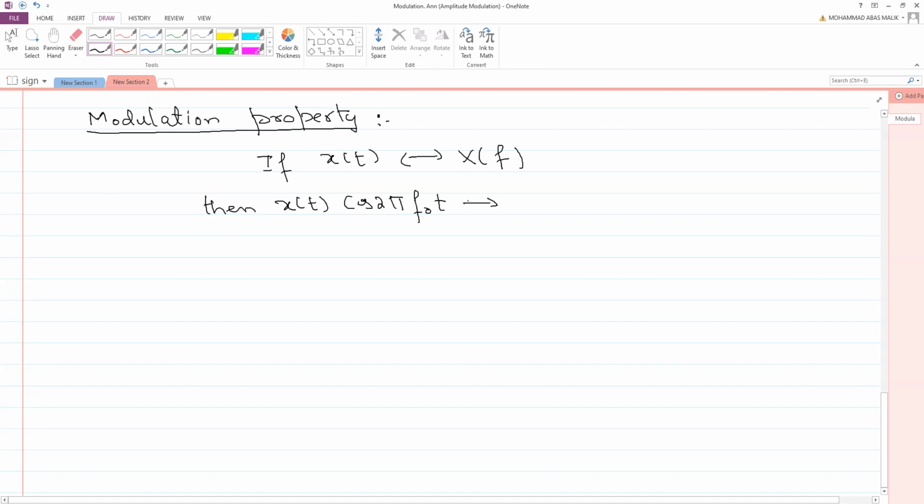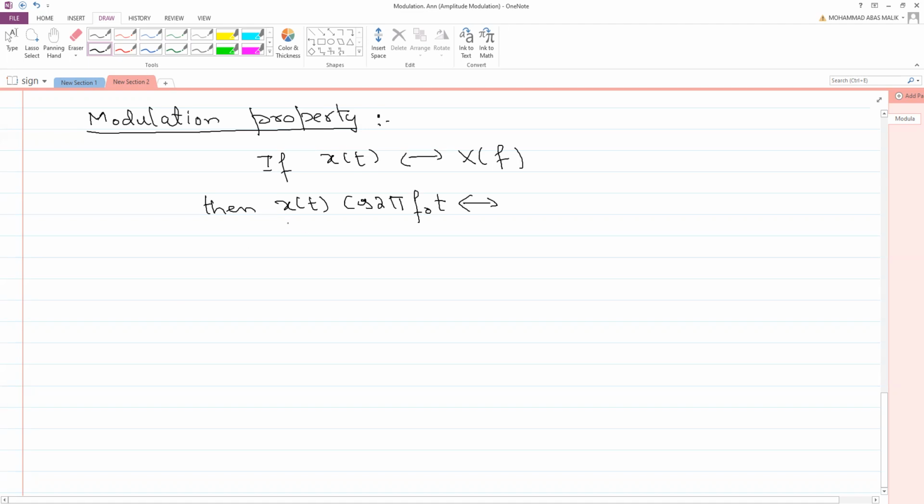Can anybody tell me? This is the frequency shifting property, because cos can be broken down using Euler's formula: e^(j2πf₀t) plus e^(-j2πf₀t), divided by 2. Then you can multiply with x(t) and accordingly you will get the result.